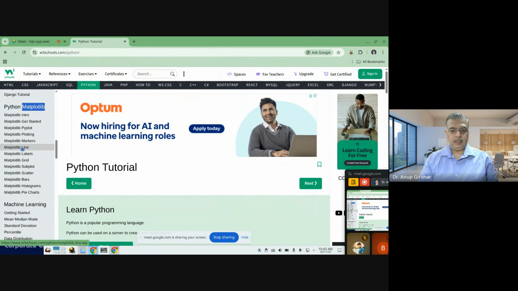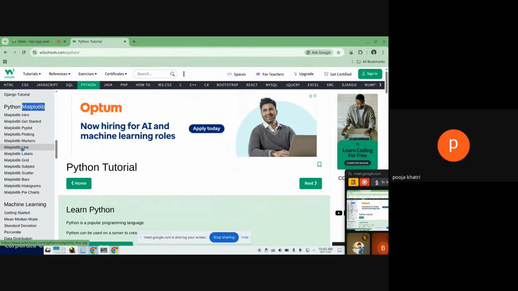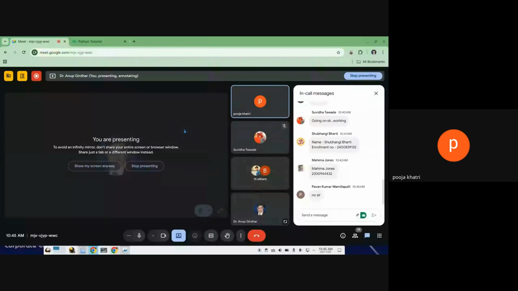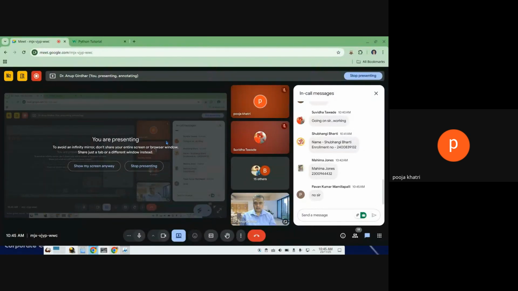So I think in the last session we were discussing, see, this is your KNN, and this is related to your machine learning algorithms. This is KNN. Can you see KNN? No, sir. Sure.